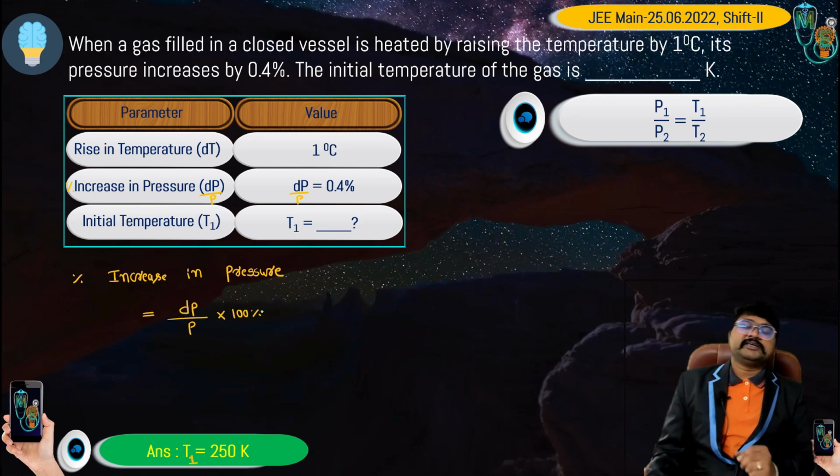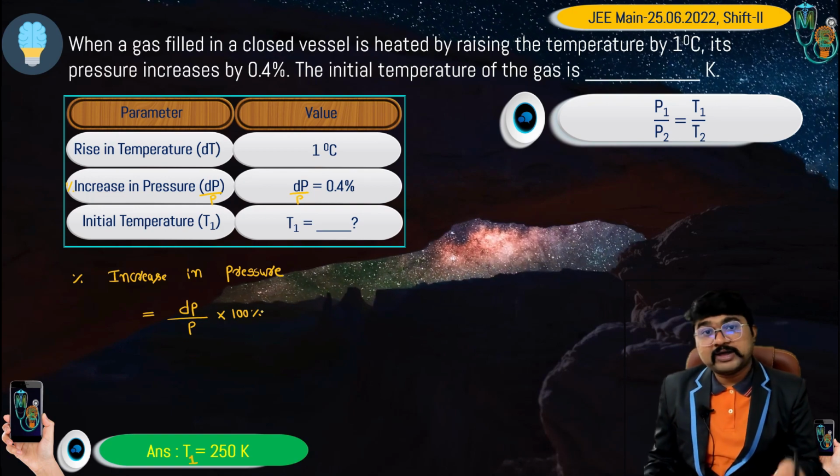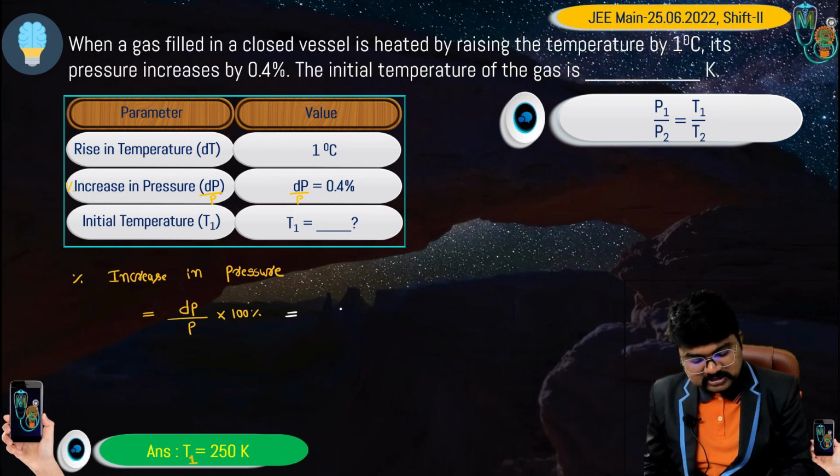That is the percentage increase. Anytime, change in that parameter by original parameter we need to write. That is the basic procedure.